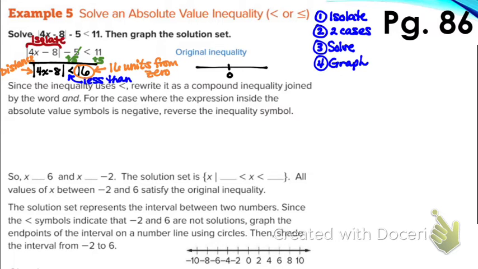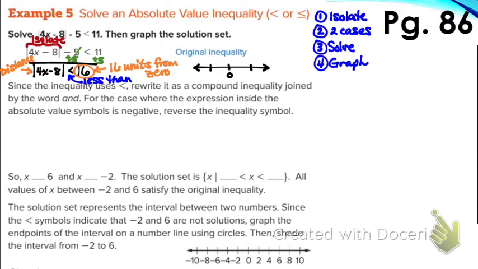If 0 is right here, what are my lower and upper boundaries here? What's my lower boundary? What's my upper boundary? If I say my distance is less than 16 units from 0, what are my 2 boundaries? I'm looking for a number here. What's my lower boundary?